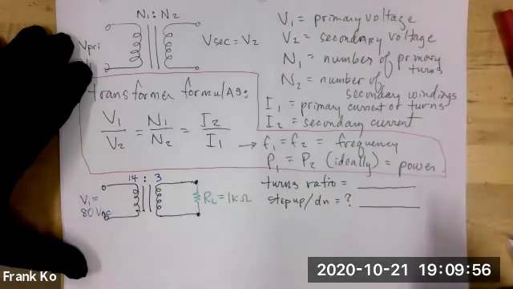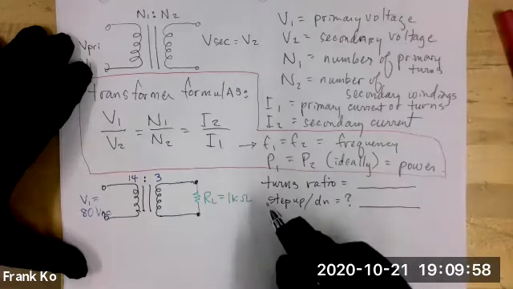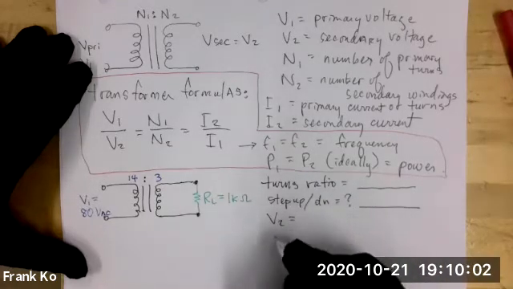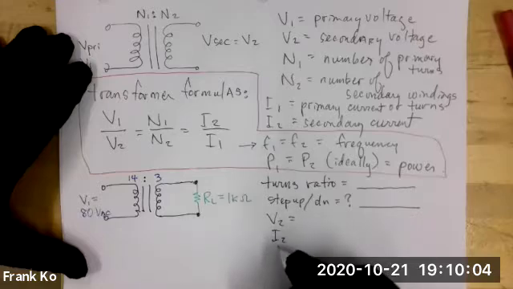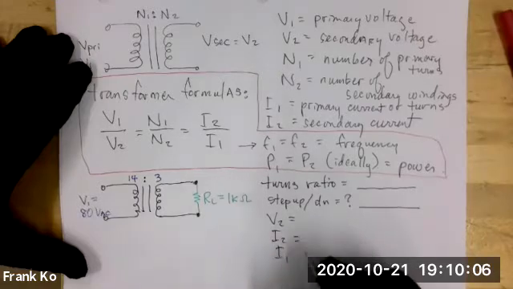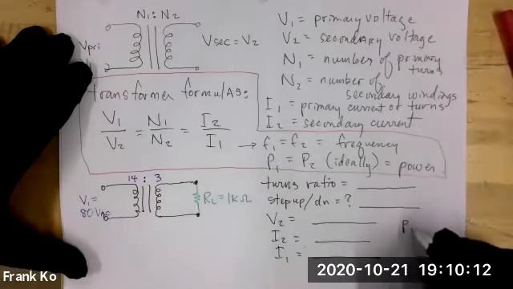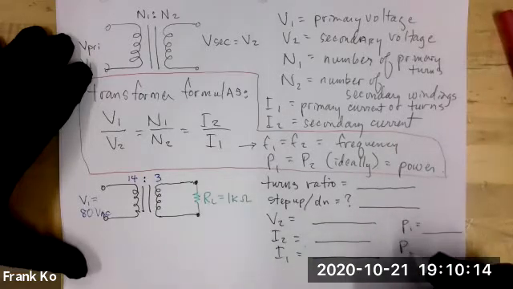You have to fill that in. Then we are looking for V2, I2, I1, P1, P2.